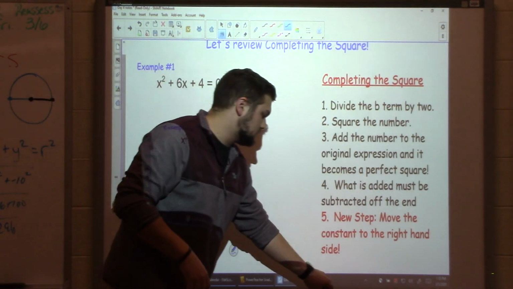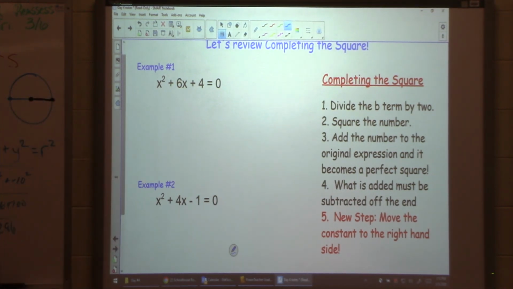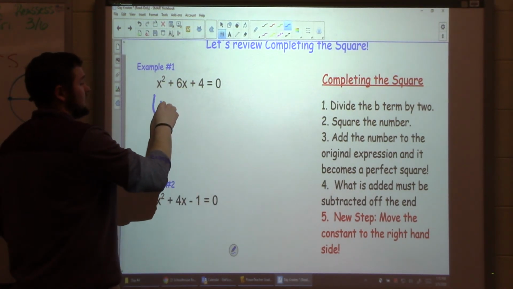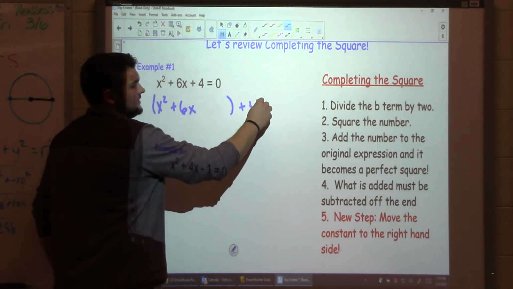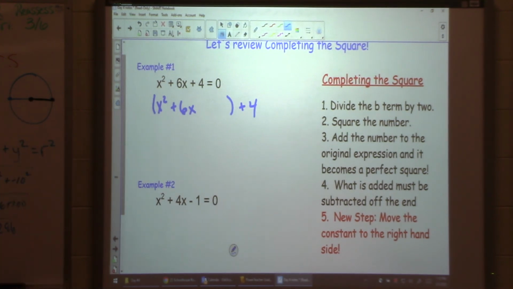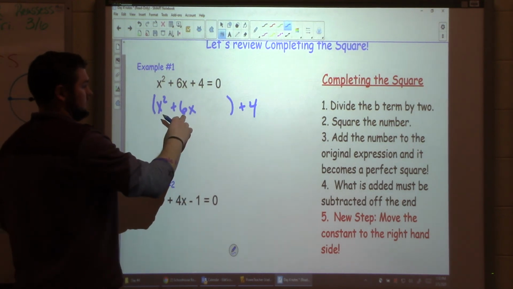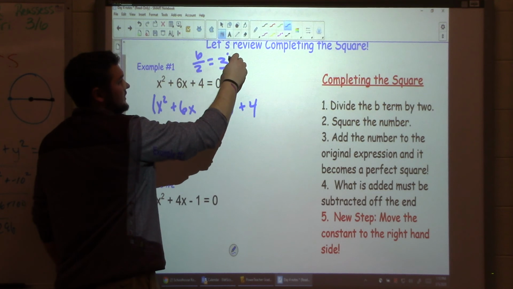So let's review it. We're just going to do one of these two problems because I think we should still have it kind of fresh in memory from last unit. When we complete the square, we take our terms like x squared plus 6x, we leave a space, and we add 4, right? Does everyone remember that when we did that? Yes. Okay, then what did we do? Divide the b by 2. Divide our b term by 2, and then square it.